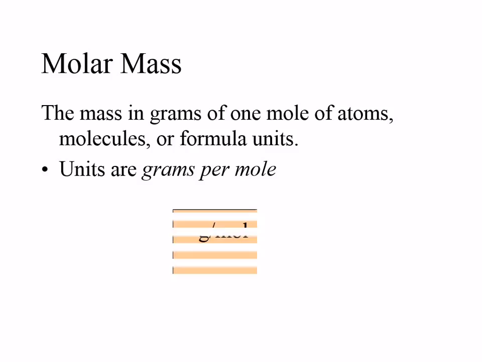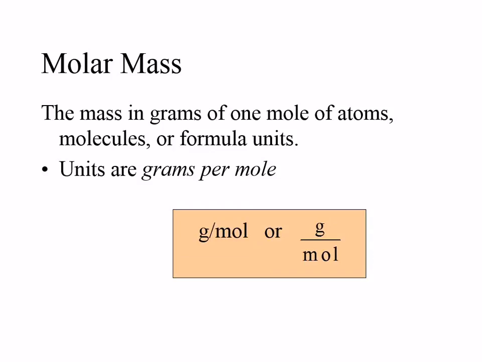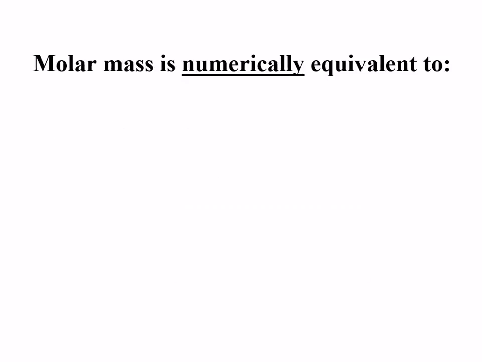So, molar mass for the compounds are going to be similar. The molar mass for atoms is numerically the same thing as the average atomic weight, except then it's grams per mole.